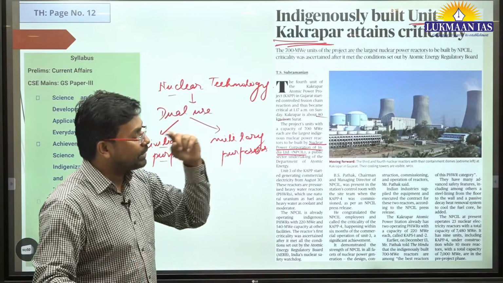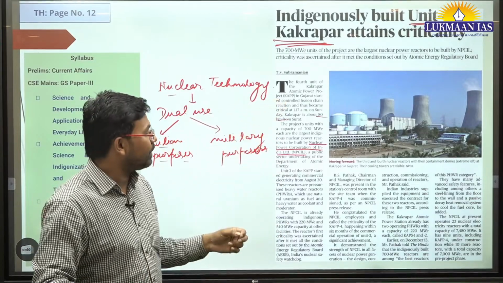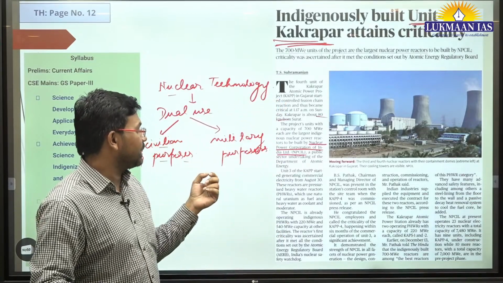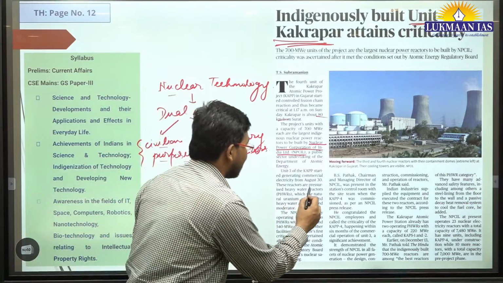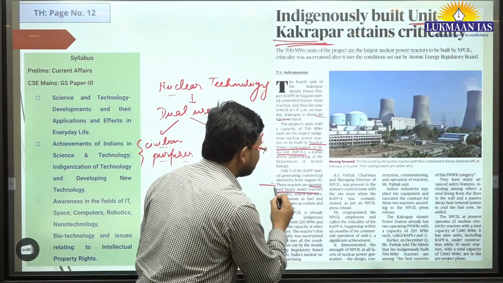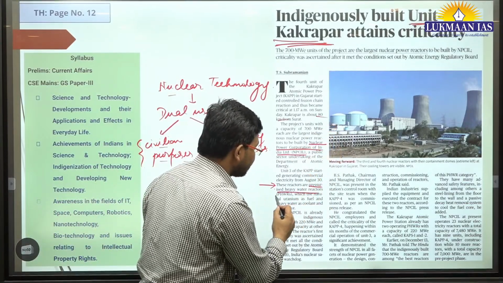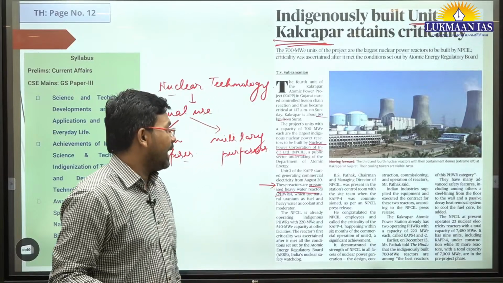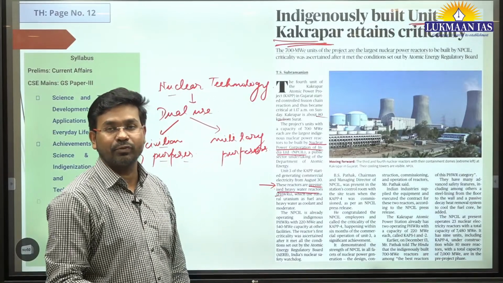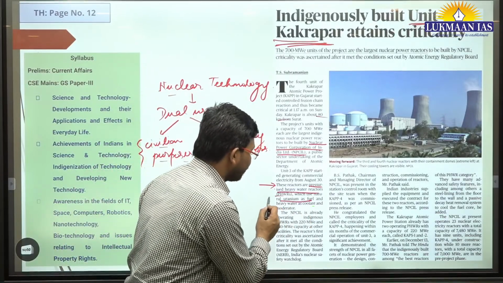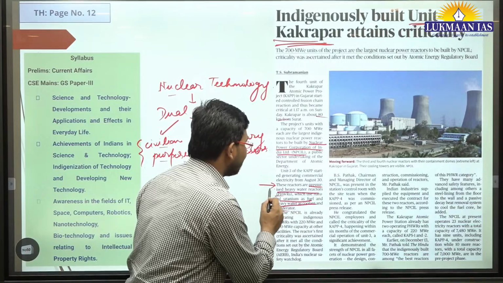When we talk about the nature of the nuclear power here, these reactors are pressurized heavy water reactors, and they use natural uranium as fuel, and heavy water as coolant and moderator.